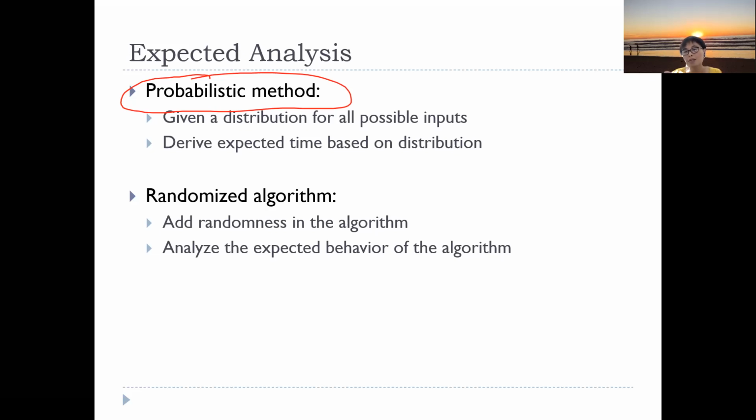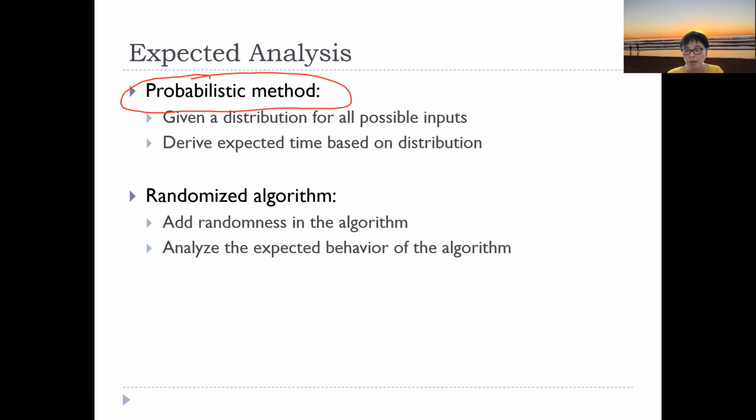Once I add the randomness, we're going to see examples, even for the same input, your algorithm may run in different running times, but now I can analyze the expected behavior. The advantage is that if I give you a certain algorithm, there may be bad inputs. But if I add a bit of randomness inside, I can destroy this bad input using the randomness in the algorithm. So that's called a randomized algorithm. We're going to see examples in a minute.